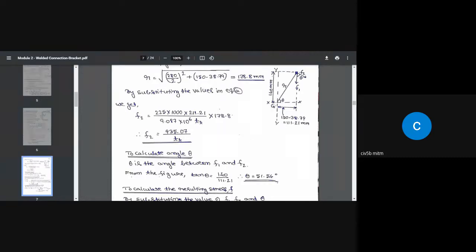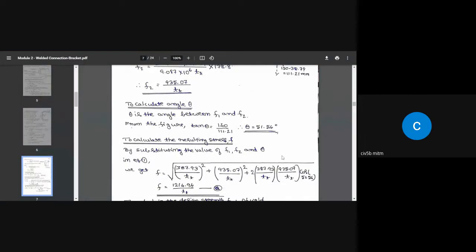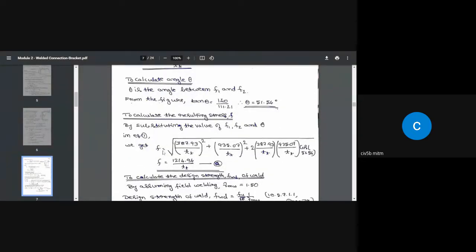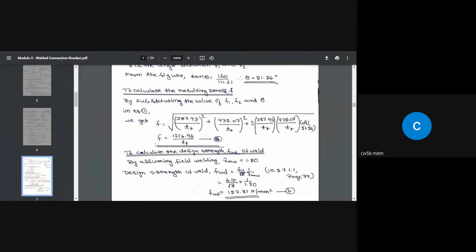Tan theta equal to the opposite side 140 divided by this distance. This is 1.21. So finally we got the value of theta equal to 51.54 degrees. Now we have the formula F equal to square root of F1 squared plus F2 squared plus 2 F1 F2 cos theta. So substitute all the values and we get the value of F equal to this much.